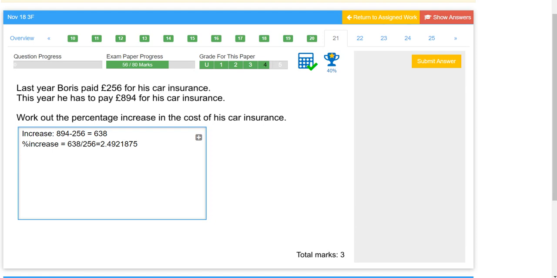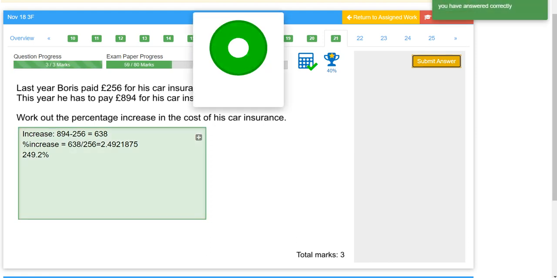So 2 wholes would be 200%, or 2.49. Well, that's going to be 249% and some bits, 0.21875%. Now, really reasonably, I don't want that much of a percentage. Let's try 1 decimal place and see how it feels about that. 249.2%. That's a huge increase in his car insurance.